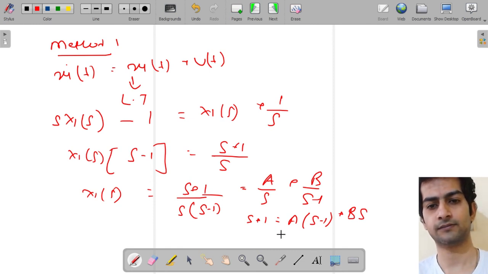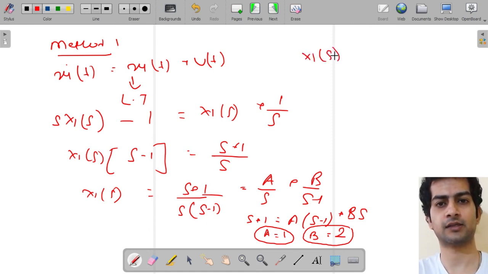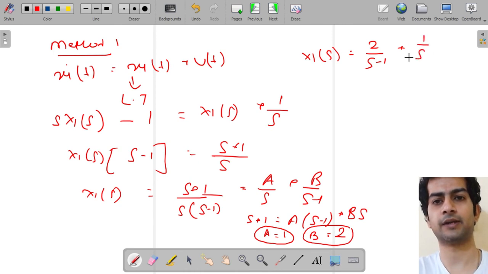If s is 0, A is equal to 1. If s is 1, then B is equal to 0. So finally we will get x1(s) is equal to 2 by s minus 1 plus 1 by s.